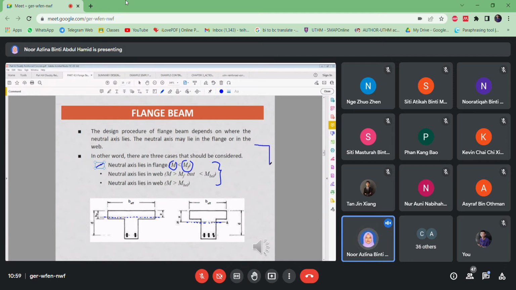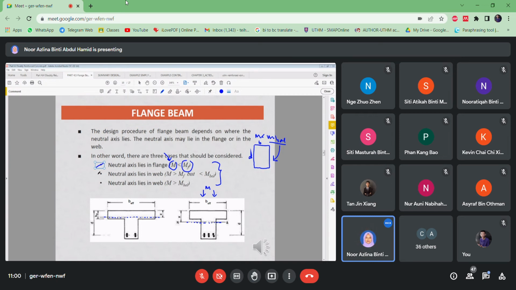Kalau rectangle tadi, kita compare dengan M balance kan, kita panggil dia M balance, sama je M balance. That means according to the concrete grade, according to the size of the beam, flange also, so what is the capacity according to that section here, then you need to compare with the load, with the moment that is applied on the beams.